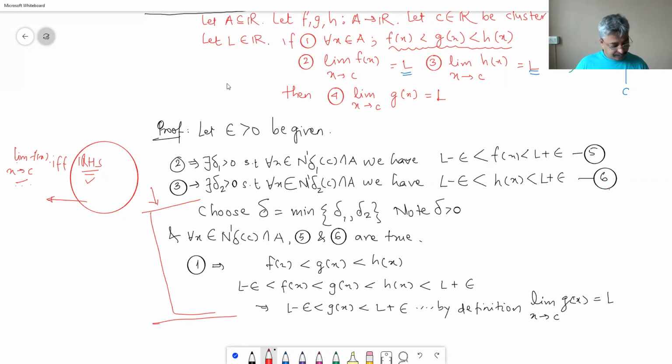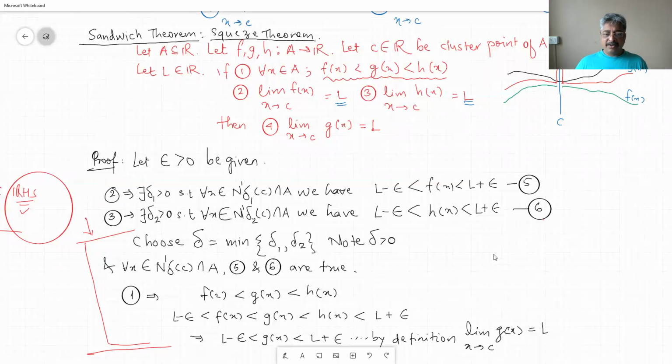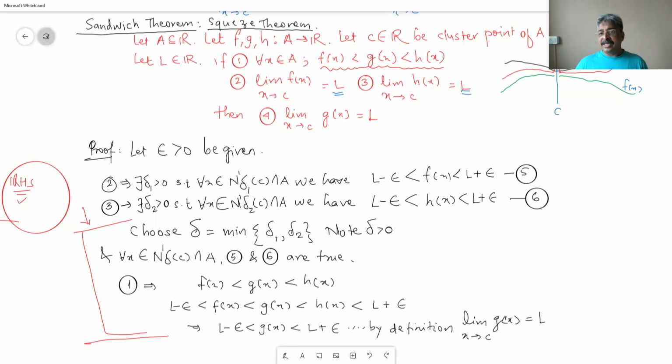Again, have you understood? Now this is a very, very powerful theorem. Why is it powerful? Because we are not unnecessarily spending our energy on the middle function, which is g of x. You may not know what happens at c as far as g of x is concerned. Maybe that function is so bad that you will not be able to find out.